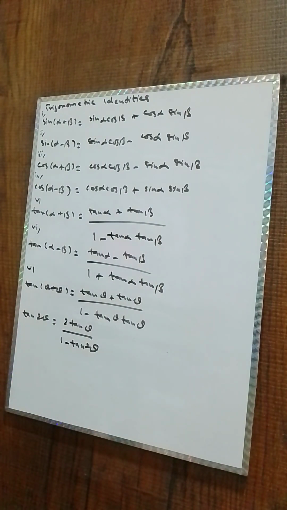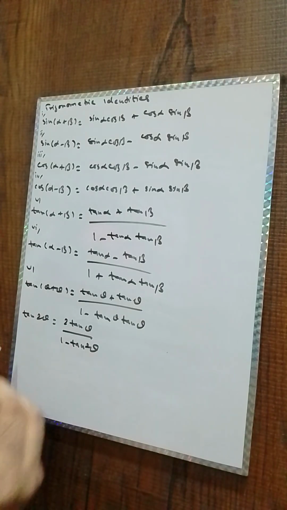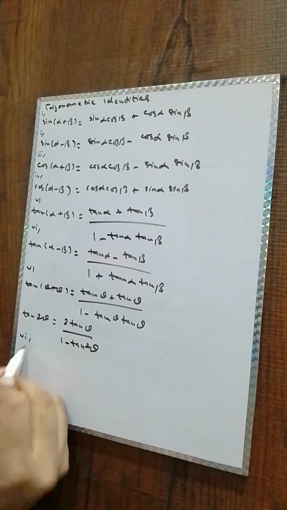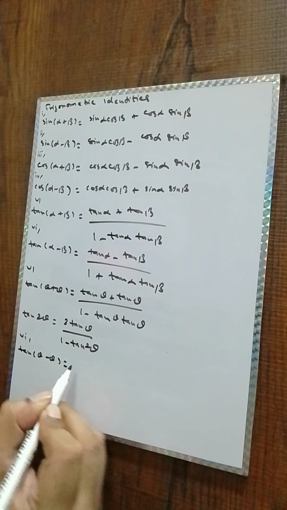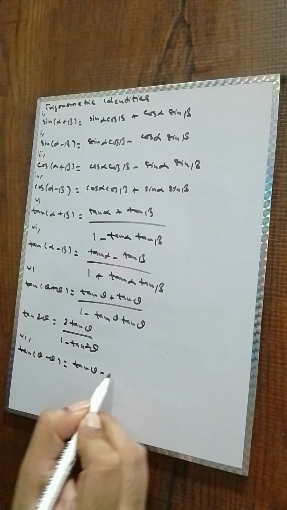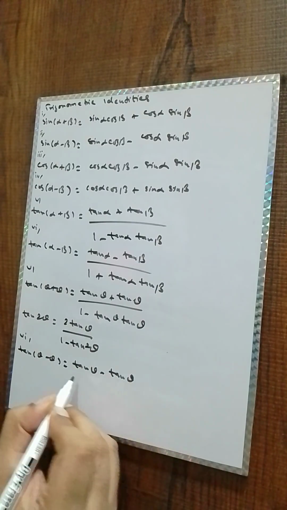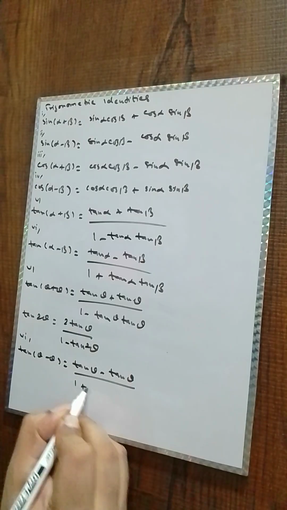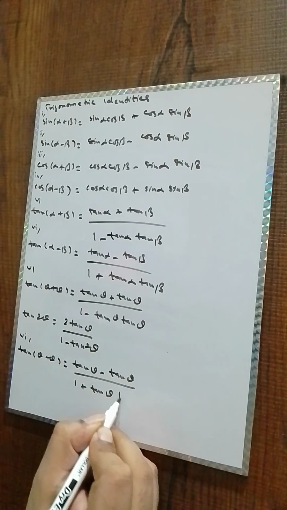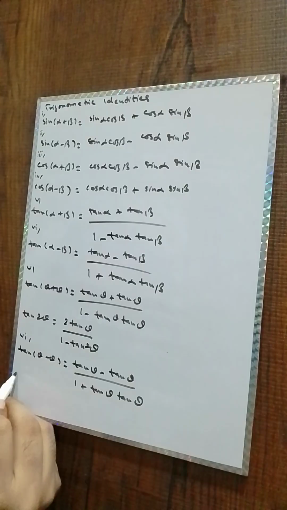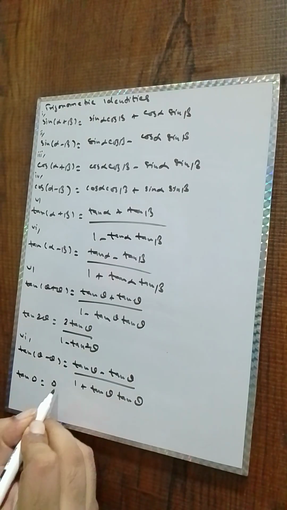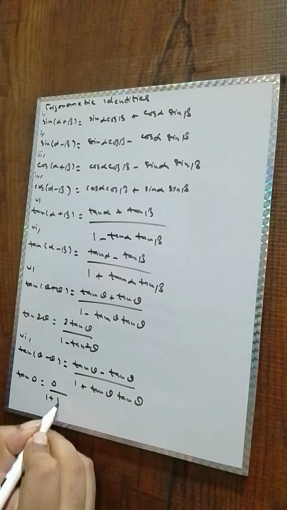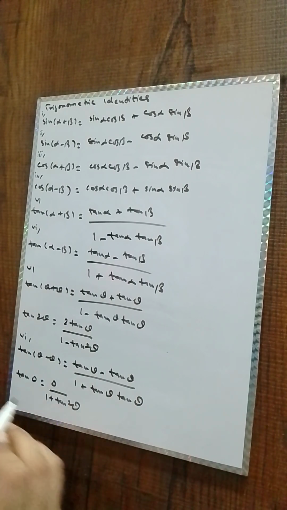Yes, and there are many different iterations, and the sixth one is tangent theta minus theta is equal to tangent theta minus tangent theta by 1 plus tangent theta tangent theta. So tangent of 0 is equal to 0 by 1 plus tangent square theta.